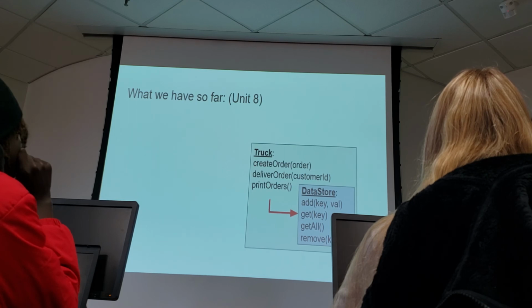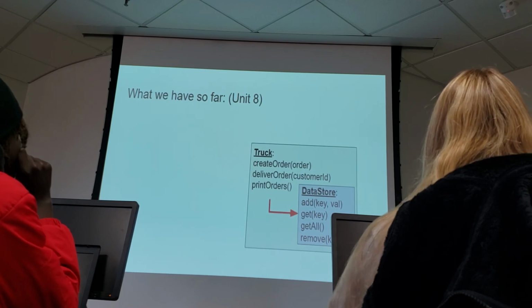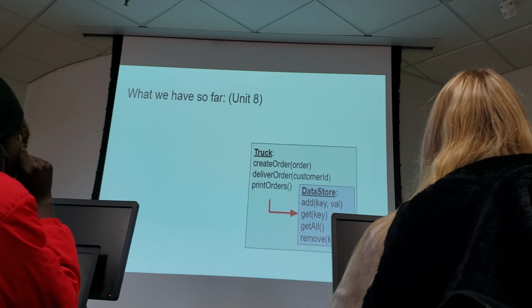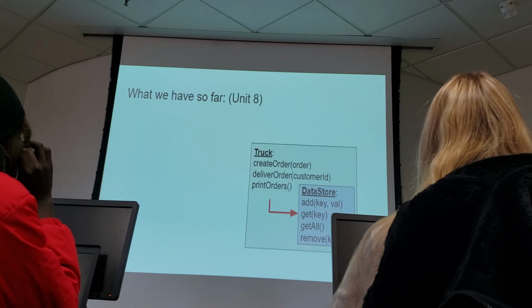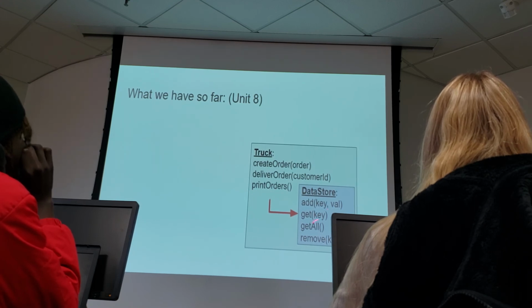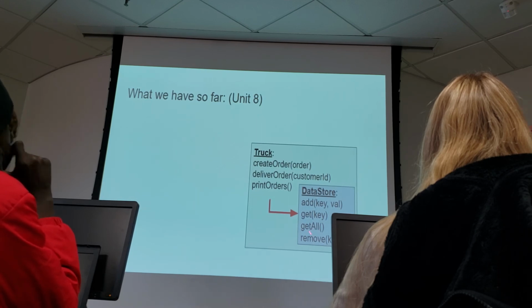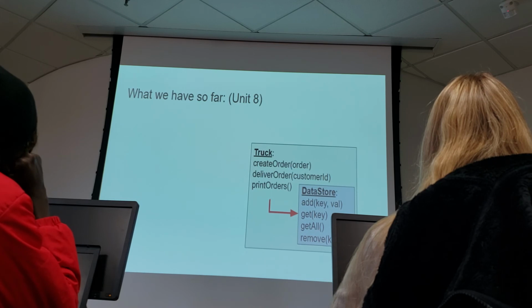So you make a data store and then you can use it in all of the other ones? We could use it in anything where you store data, right? You could make an address book and store somebody's name, email, phone, and so on. And instead of a truck, you would have an address book object. And then it would just have a data store inside it. So this is a really useful object to have because it works for pretty much anything.